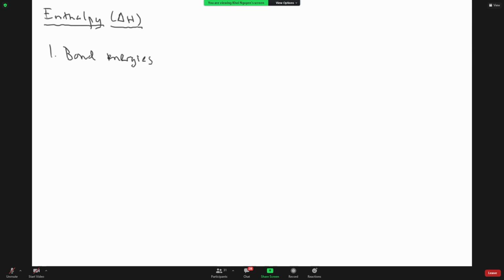So with bond energies, delta H of a reaction is delta H of bonds formed minus delta H of bonds broken, okay? That's generally how you did it when you did it in class.